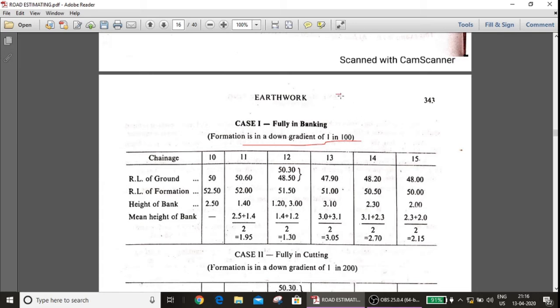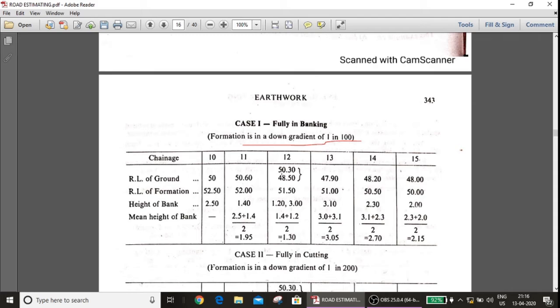So 1 in 100 means 1 divided by 100 into 50, so we will get around 0.5. So we get a 0.5 difference, that is, the formation is in downward gradient, and 0.5 in downward gradient means we have to subtract.